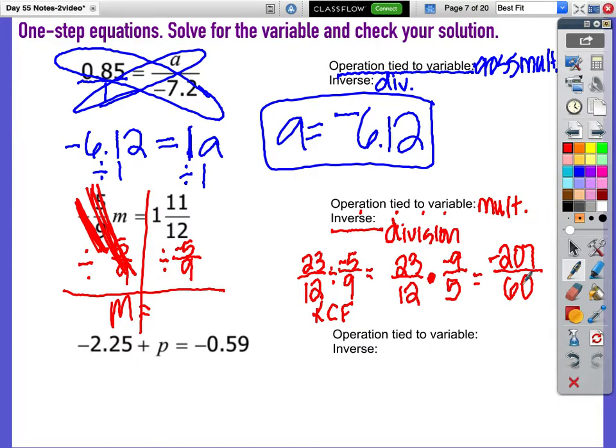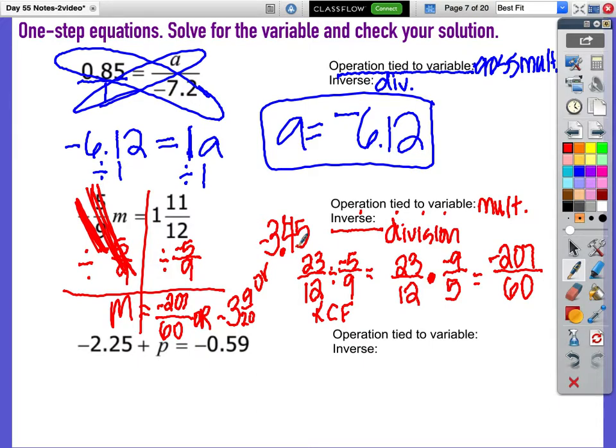You can leave it like an improper fraction at this point, or if you want to divide it out and get a mixed number, it would be -3 and 9/20. Or if you wanted to work all of this as a decimal, it would be -3.45.